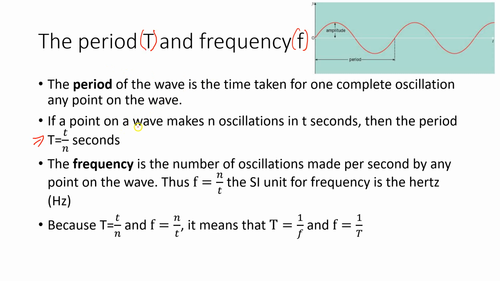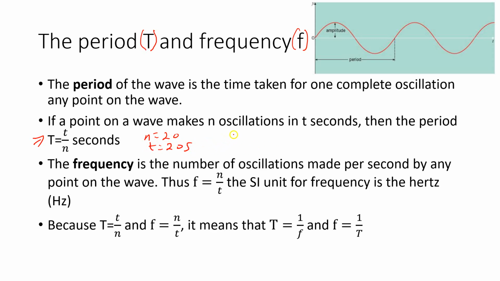That's what we mean. So you could say, for argument's sake, that for 20 oscillations, it took 20 seconds. So n is equal to 20, and it took a time of 20 seconds.